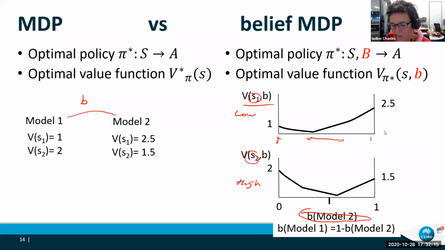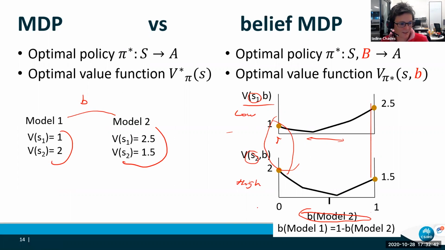So if we know which model is true, this value function here corresponds to the values of model 1, and these values here correspond to the values of model 2.